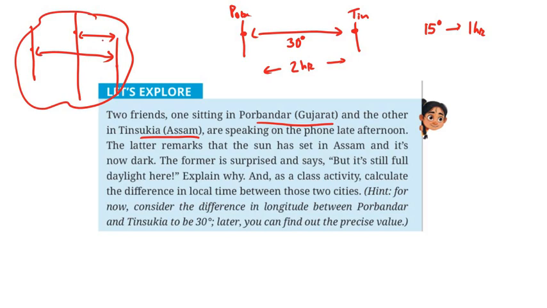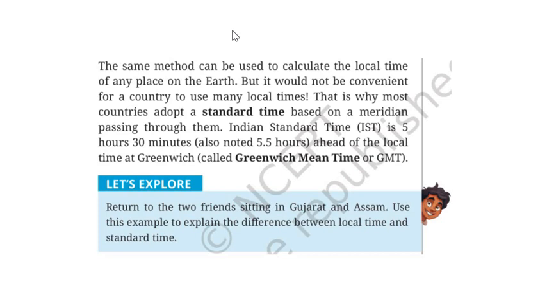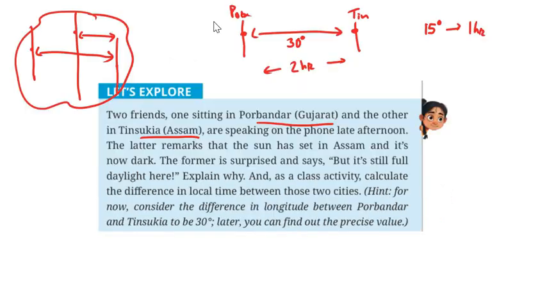So this means we should try to avoid this chaos. How do we do that? Basically, we have to decide on a very particular time for a country. That is, we have to adopt a sort of standard time for an entire country instead of considering local time for the various parts of the country.